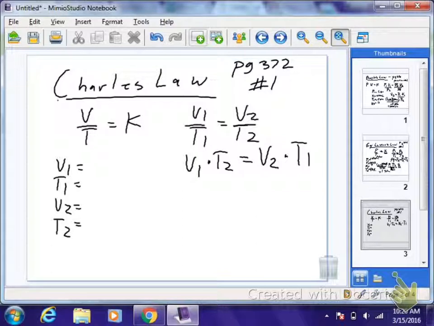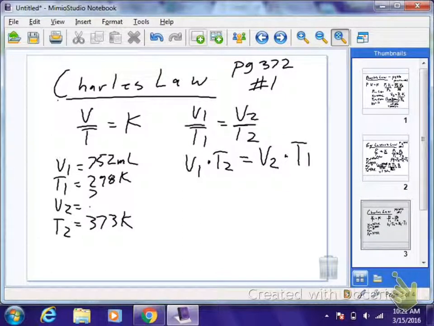So the sample of neon gas has a volume of 752 milliliters. The temperature is 25, plus 273 is 298 Kelvin. V2, we don't know. What's the new volume? And the temperature goes up to 100 degrees Celsius, so add 100 to 273, which is 373 Kelvin.